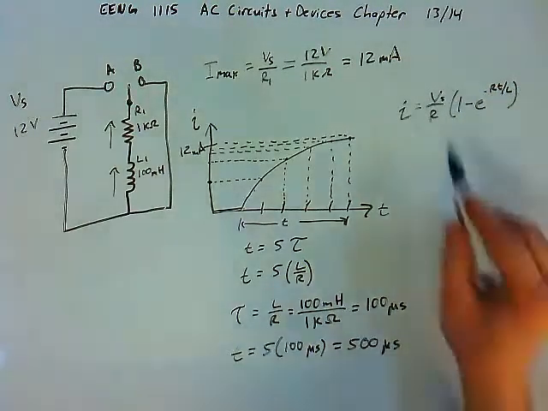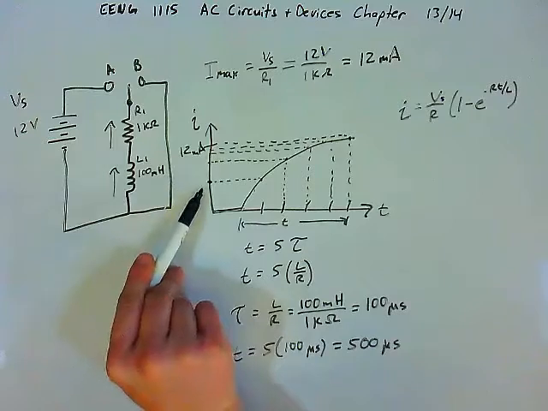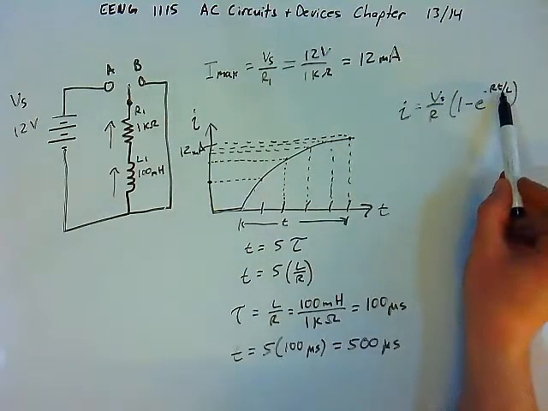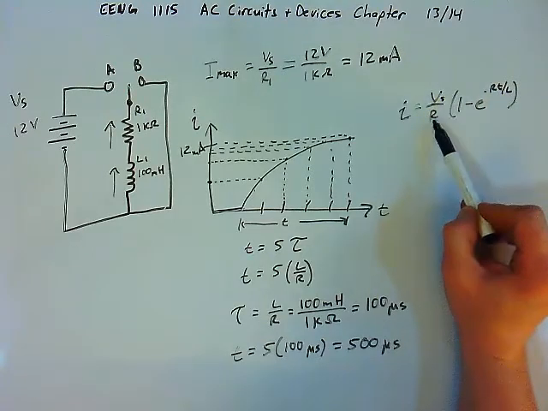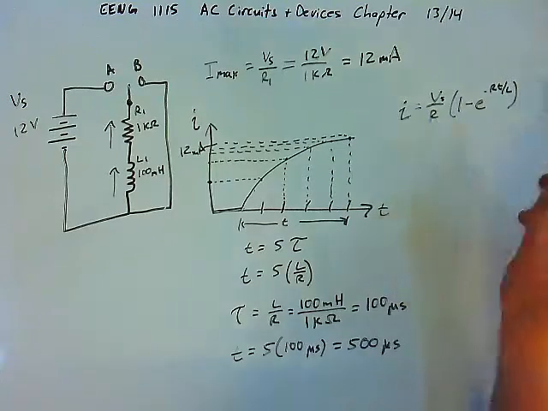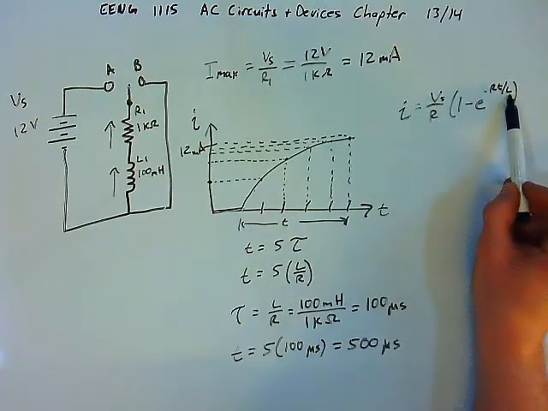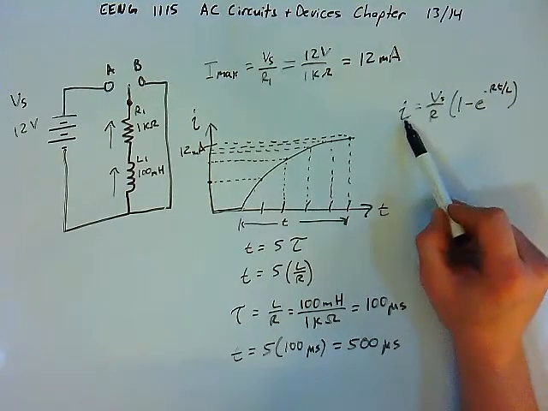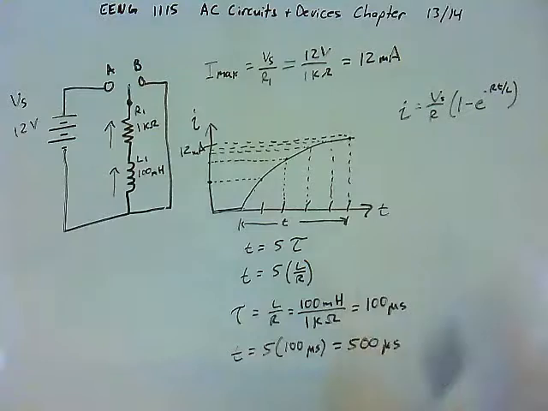This formula tells us the instantaneous current value at any point in time t for a circuit that has a source voltage, a total resistance, and inductance. And we can determine what the instantaneous current is at any point in time.